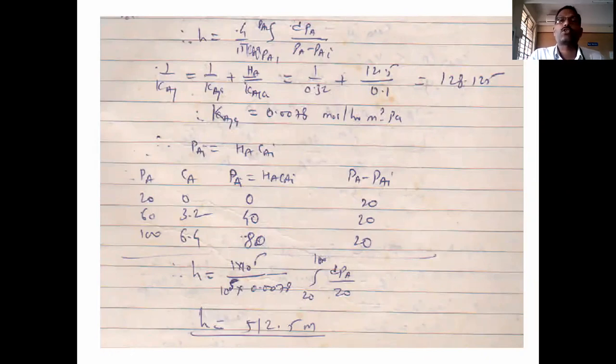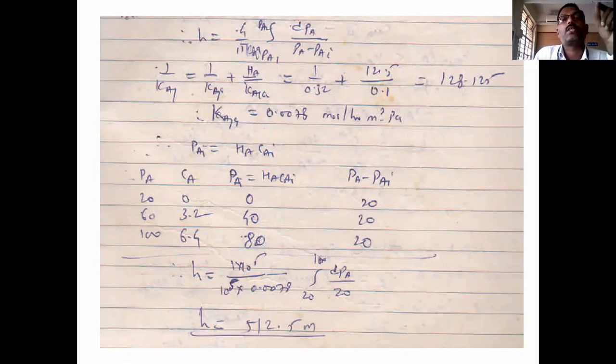So bulk concentration of A, we know it. Bulk concentration means the impurities concentration in the bulk of the liquid, or bulk of the water, we know it. Hence we use here PA minus PAR.